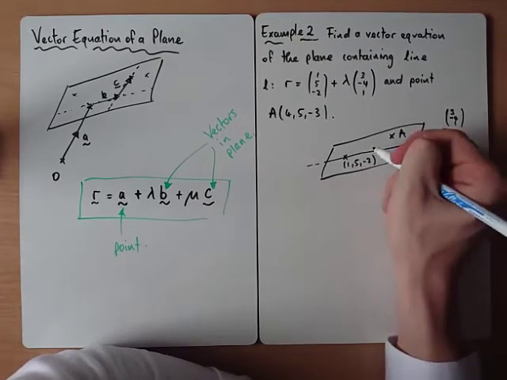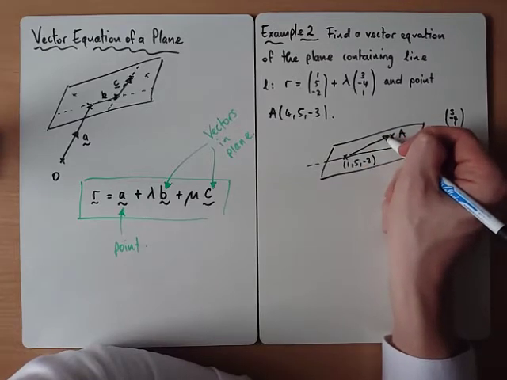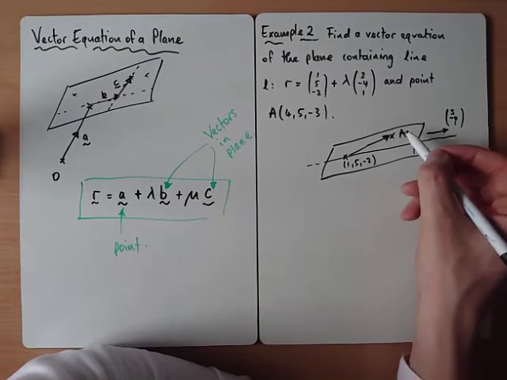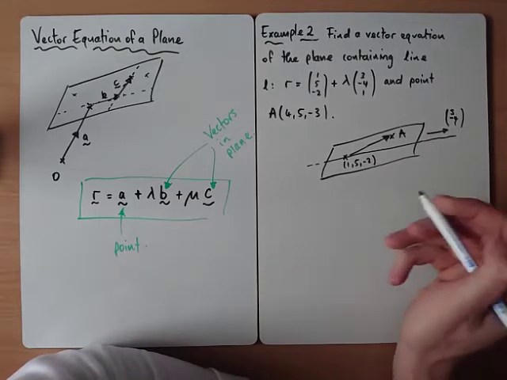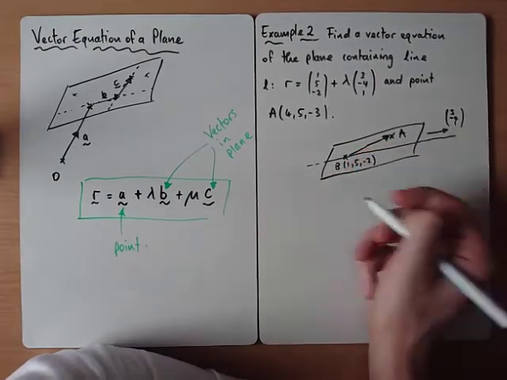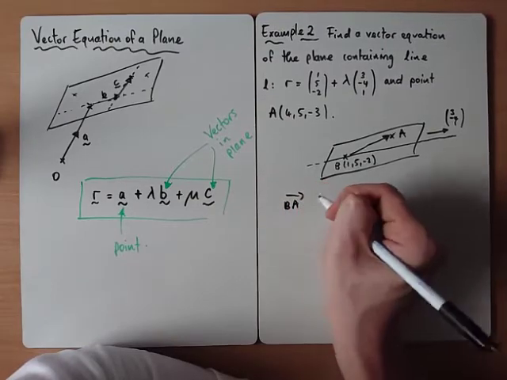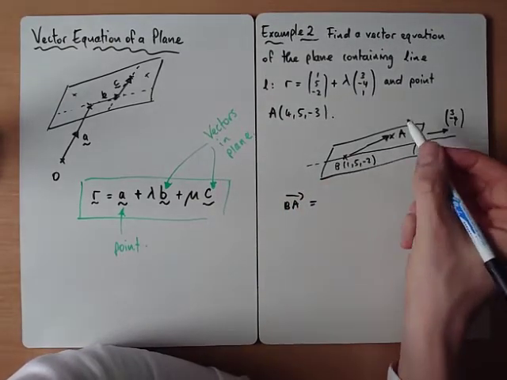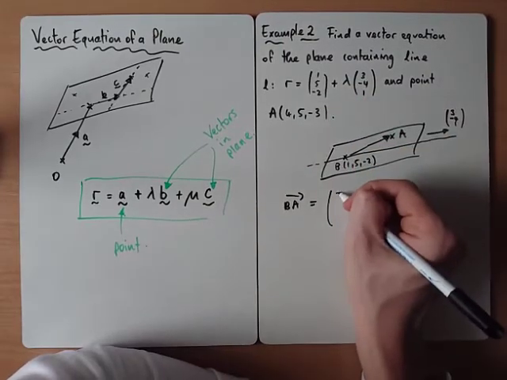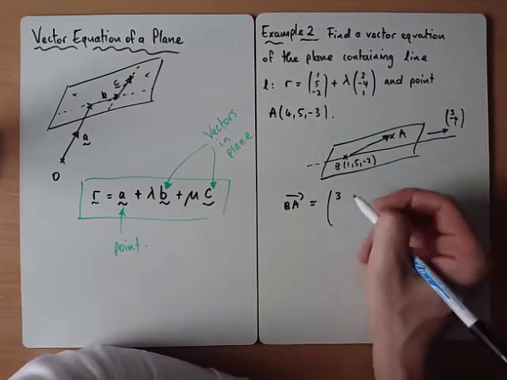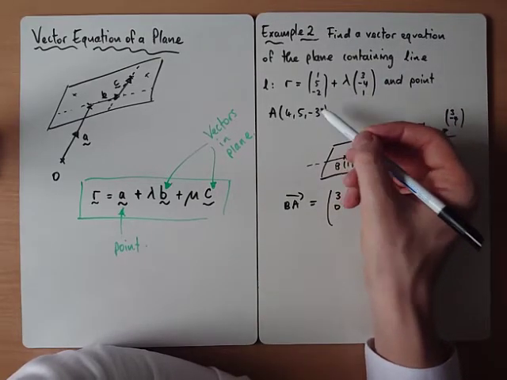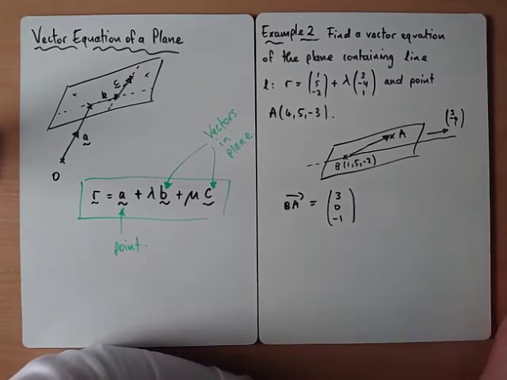If I wanted to figure out another vector that lies in the plane, the easiest way would be to get the vector between the point (1, 5, -2) and the point A. So I should literally label that point, let's call that one the point B. So from B to A, if I was going to go from there to there, the direction would be (3, 0, -1).